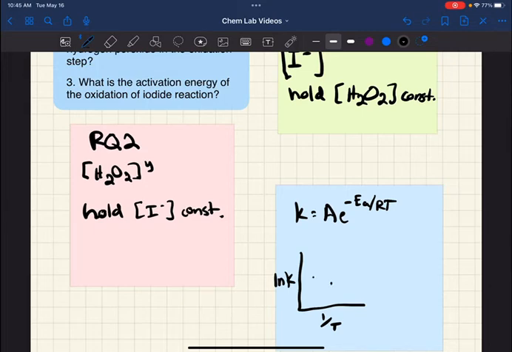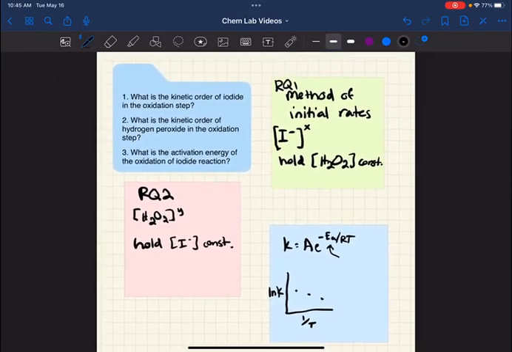Once we have, say, our 3 data points, let's imagine they make this kind of trend, you can get a best fit line, and use the slope and y-intercept to help solve for the value of activation energy and use that information to answer your research question.